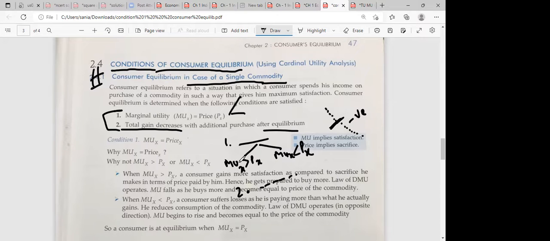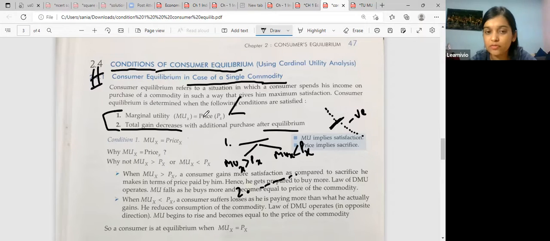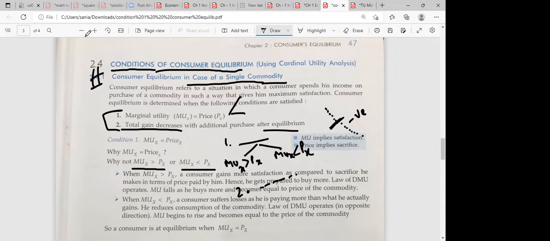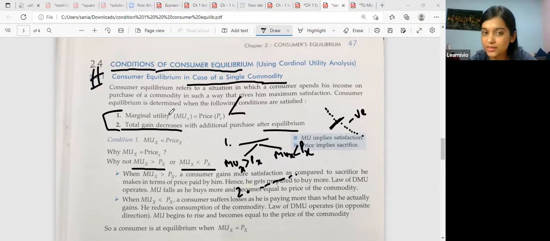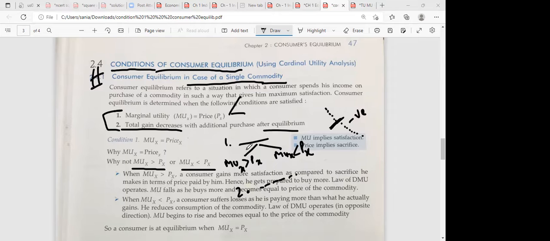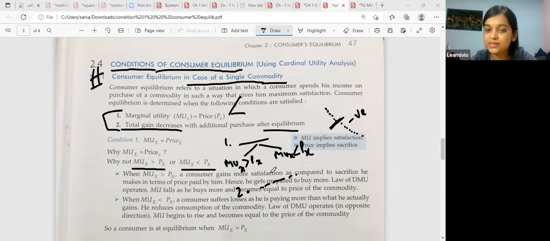Instead of equals to, you are going to write when your MUX is greater than or less than PX. First you write the first condition, then make 2 arrows, then write this, then the second. Yeah, I got it. Okay.